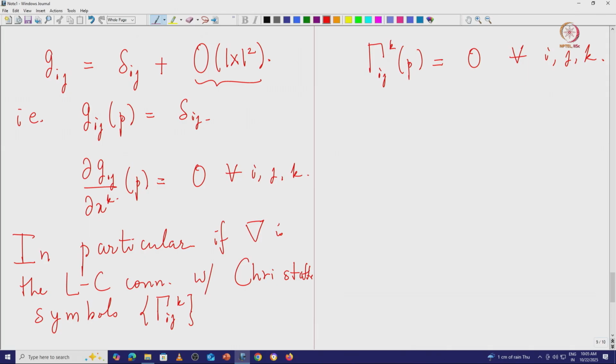Okay. So as a consequence of this, maybe I should say that here's a definition.